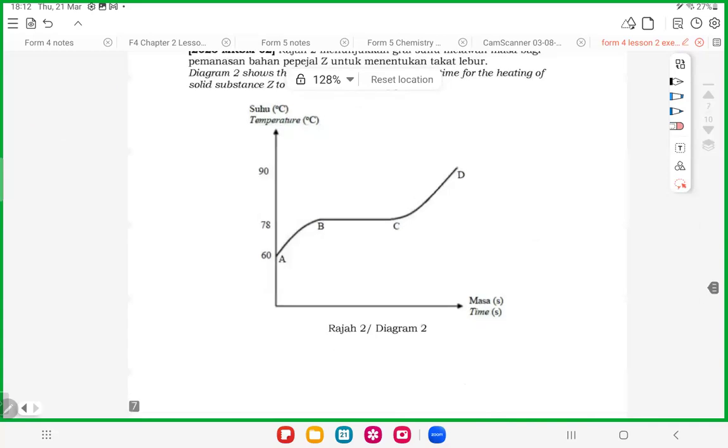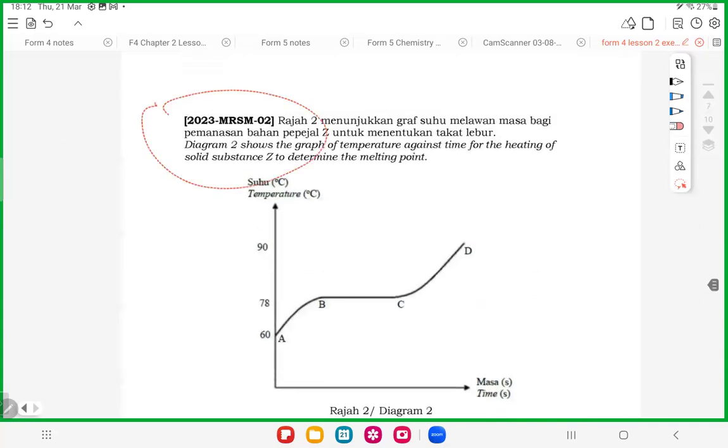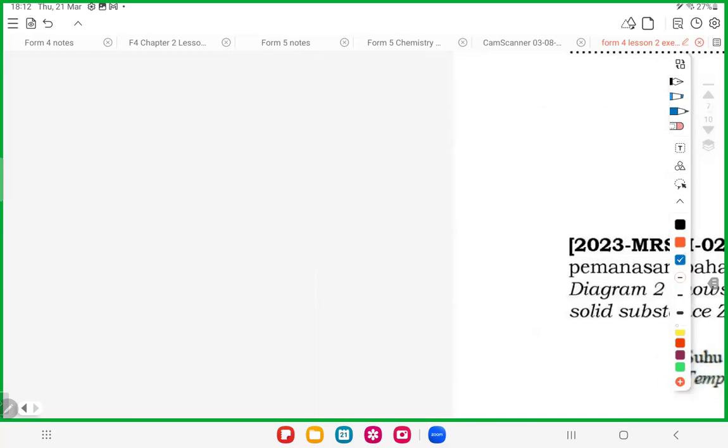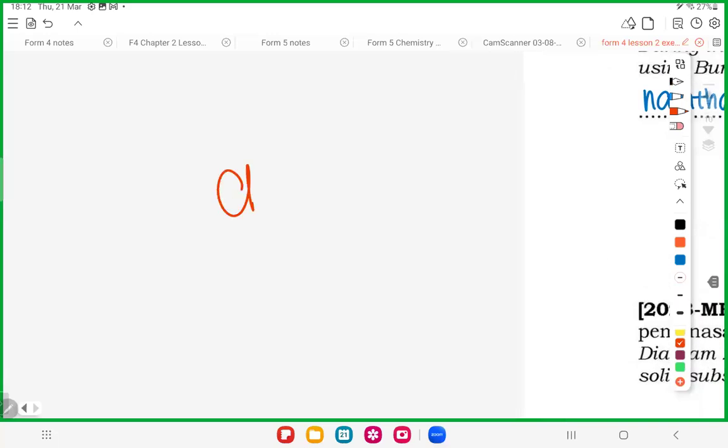Okay, next one. This is an MRSM trial exam paper. The MRSM paper is fantastic. Again, I can only comment on the subject chemistry; other subjects I don't know.